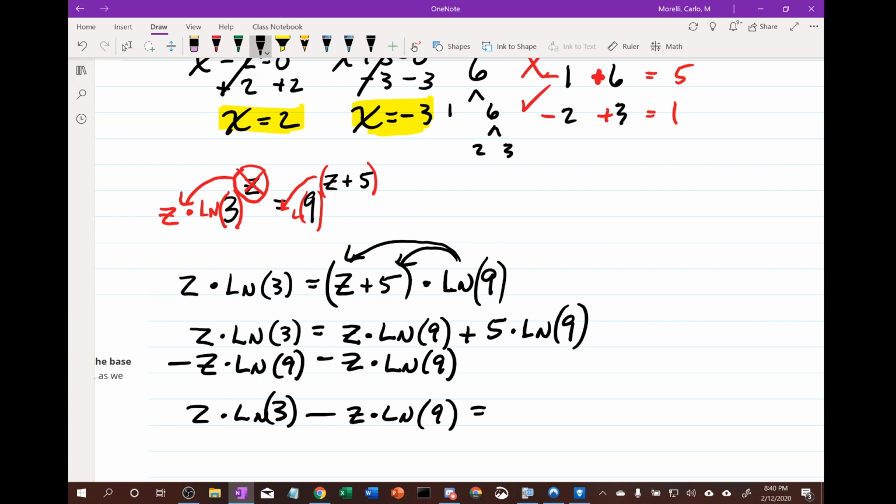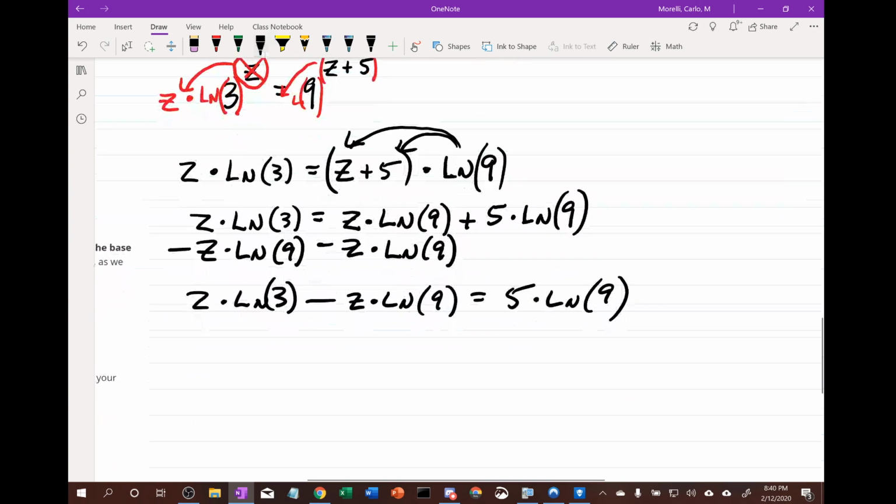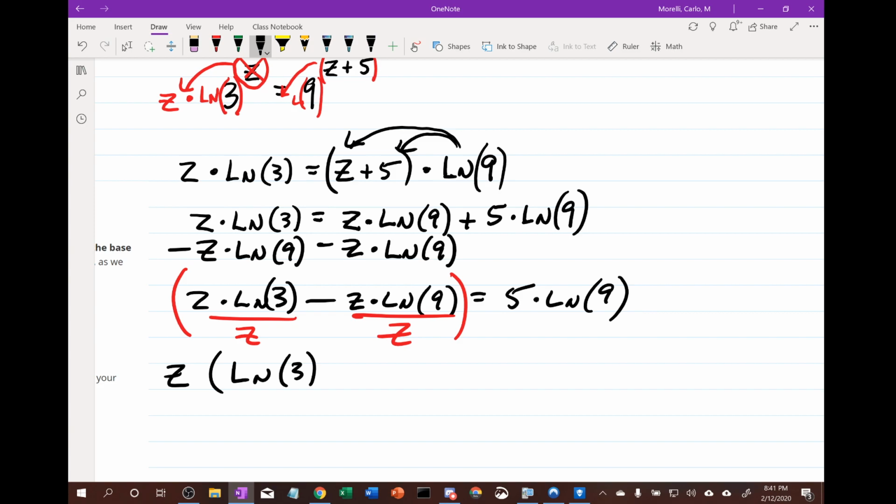And that's going to equal 5 times the ln of 9. Okay? So now what we can do is factor out from both of these terms a z. All right, so now I have z, open parentheses, ln of 3 minus ln of 9, that's all in parentheses, and that equals 5 times the ln of 9.